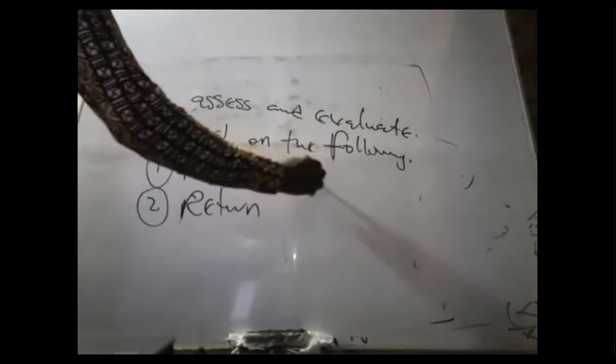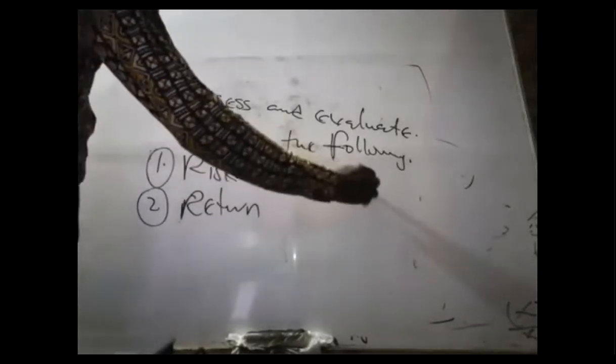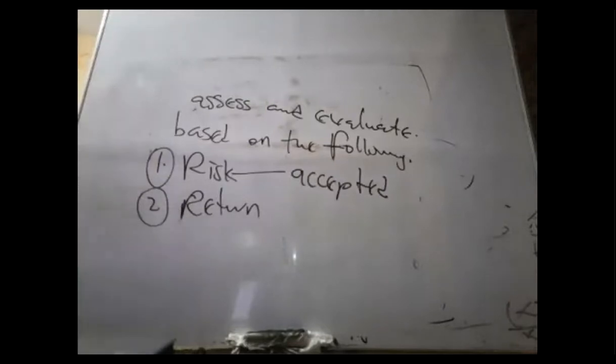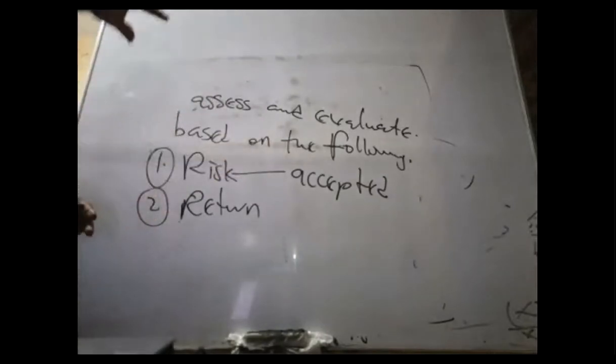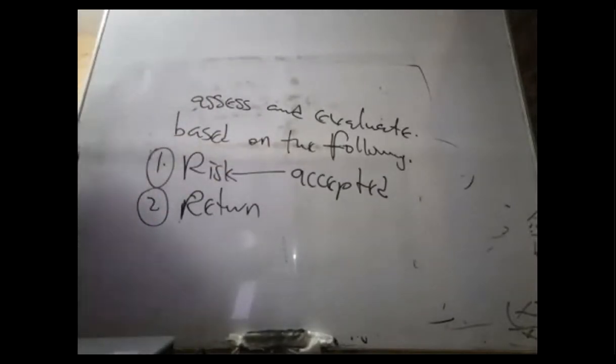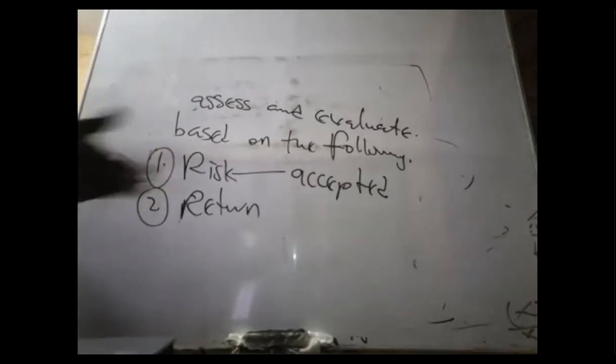Risks and return. If the risk is acceptable, I will accept the project. If the risk is okay, if the risk is between the relevant range, if the risk is within the acceptable criteria, let's go in for the project.